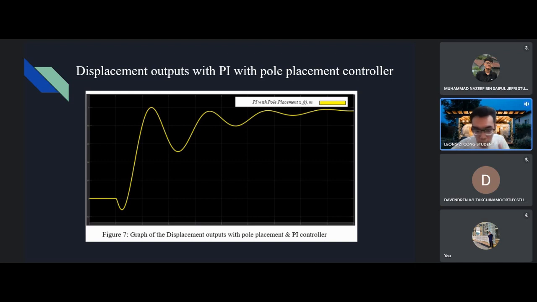But like what I said just now, the percentage overshoot is already fulfilled, but the settling time is about 5.7 seconds. So the PI controller seems unable to fulfill the design scenario yet. Okay, next.